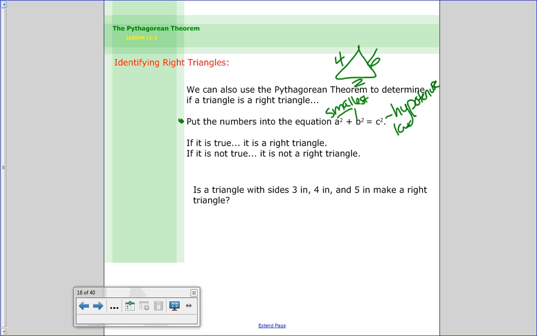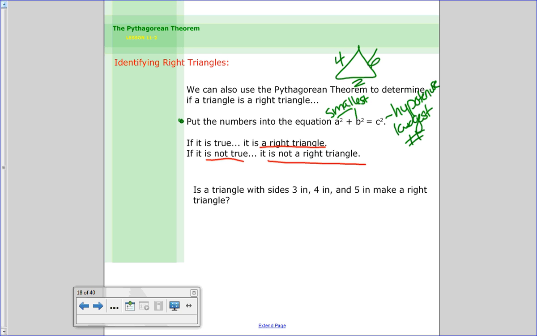All right, because that's how it works out. The hypotenuse is always the biggest one. So you're going to solve it, and then you see if both sides are equal. If both sides are equal, and it's true, it is a right triangle. But if the sides are not the same, so if it says 140 is the same as 160, it's not true, so it's not a right triangle. It would be a different type.